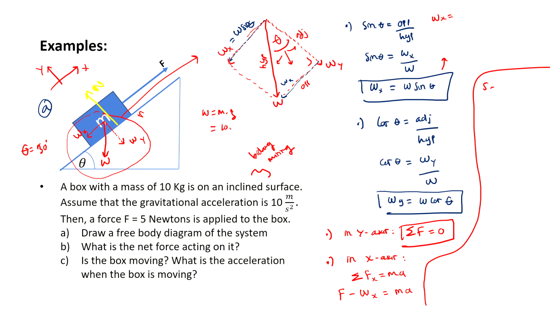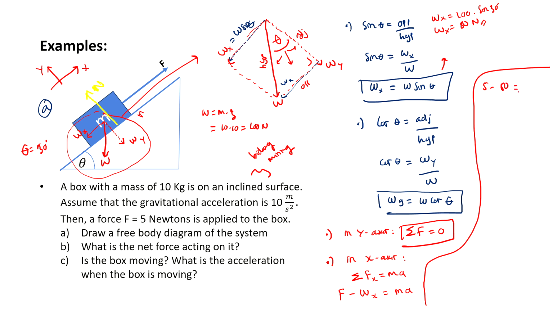M is 10 and g is 10, so it's 100 Newton. So Wx is 100 Newton times sine 30 degrees. Because sine 30 degrees is equal to half, half times 100 is 50 Newton. So Wx is equal to 50 Newton.